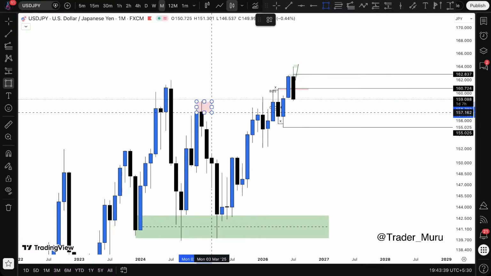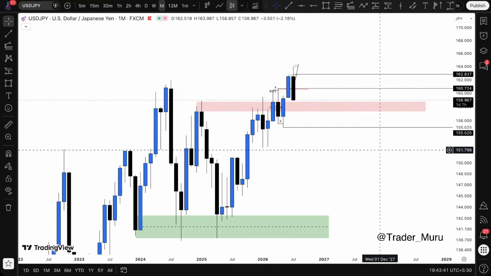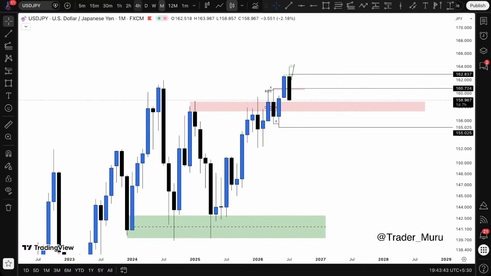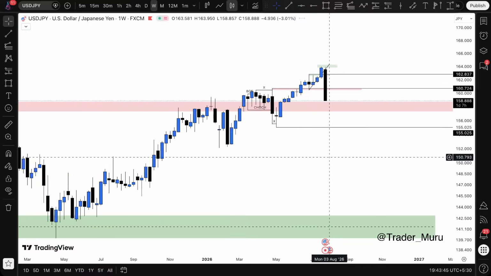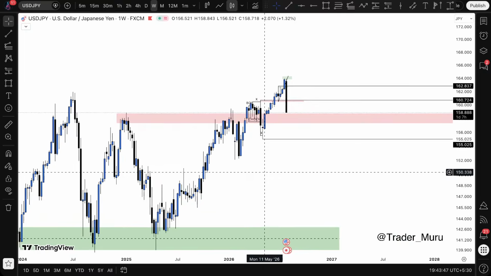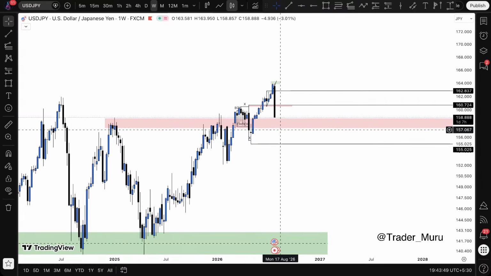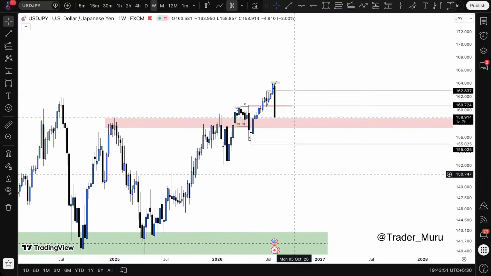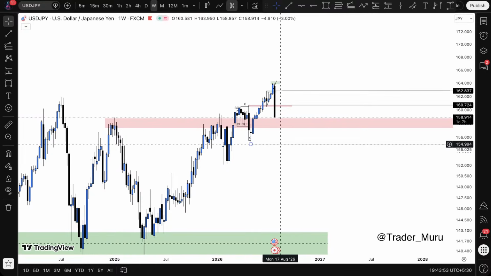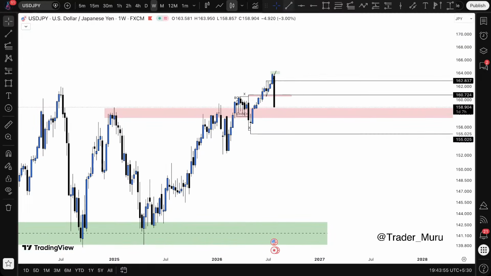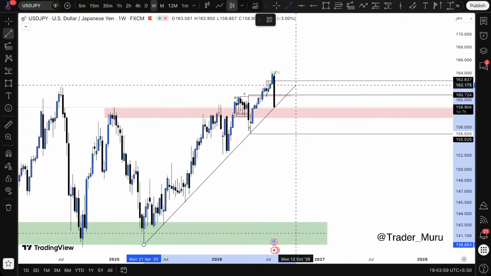Here we have last support. It should not break this low or this bottom trend line.